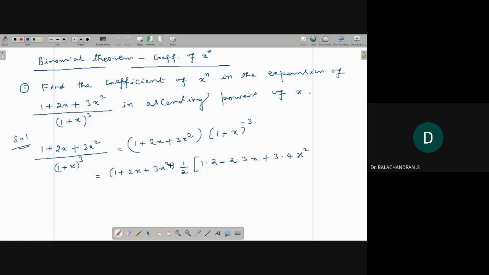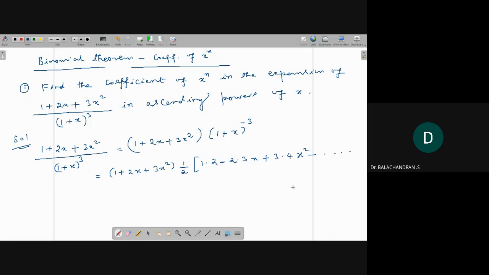But here I have the x square term, so I will write from the x power n minus 2 term, and so on.